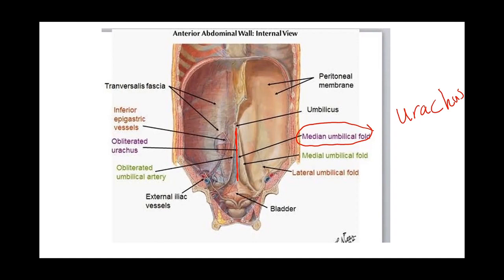And if you look at this median umbilical fold, you can see it's coming from the umbilicus to the upper portion of the bladder. So I know your mind is already going to what I'm thinking.